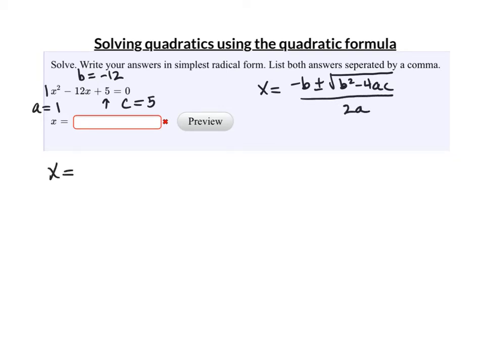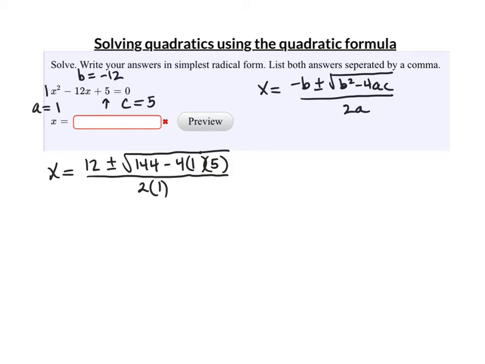So it's x equals the opposite of b, which is 12, plus or minus b squared, which is 144, minus 4 times a times c, that's 1 times 5, all over 2 times a, which is 2 times 1.